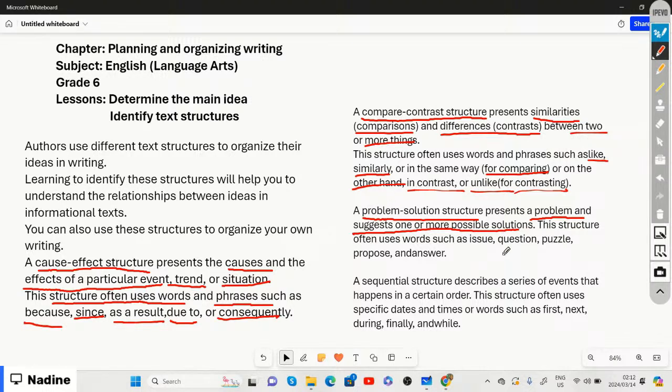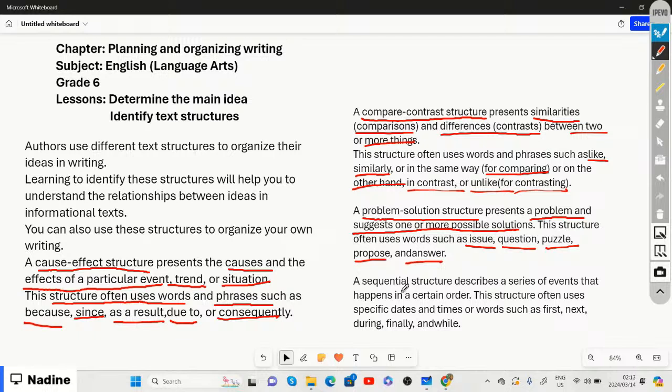This structure often uses words such as issue, question, puzzle, purpose, as well as answer, because we will have our problem and eventually we're going to have to find our solution to it. So that is the problem solution structure.